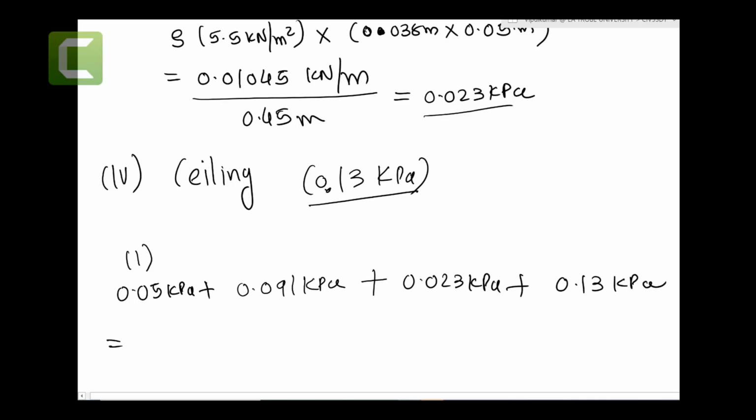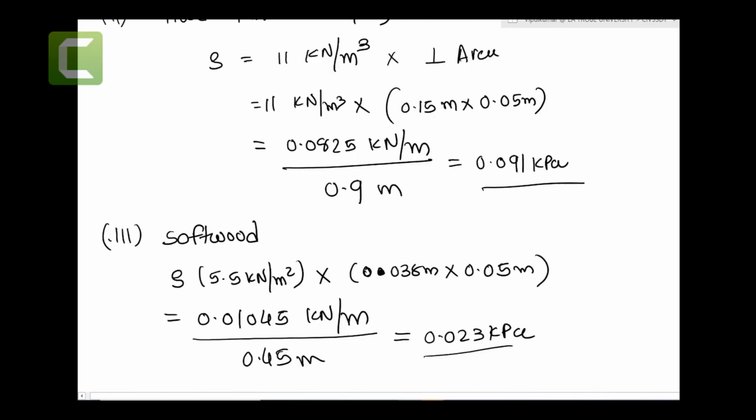If I just sum them up, you get 0.294 kilopascals. So that is the answer for the first one, the flat roof.